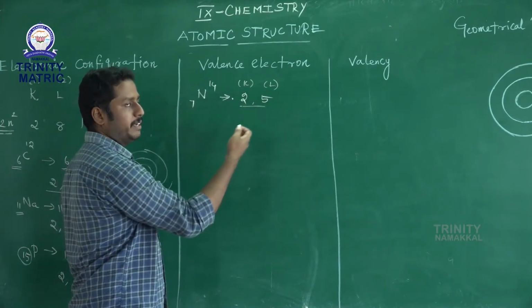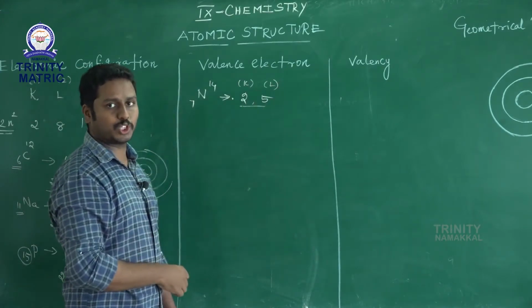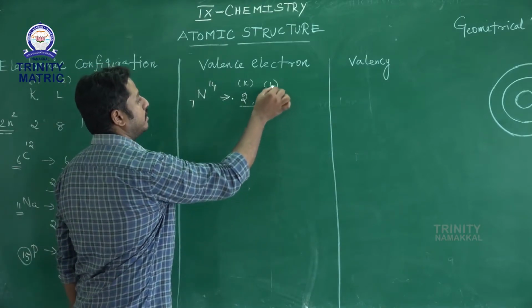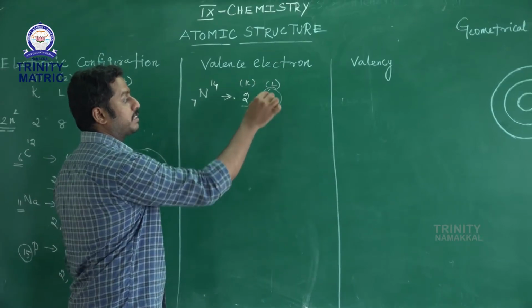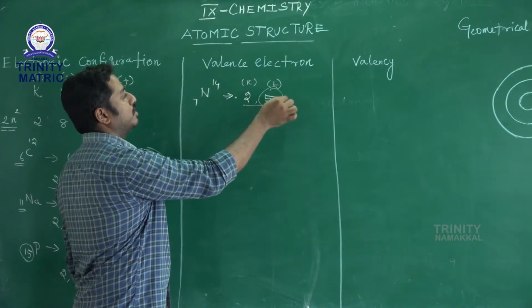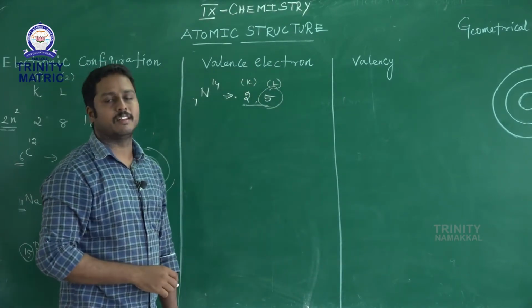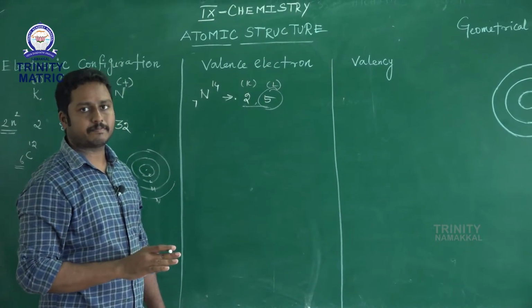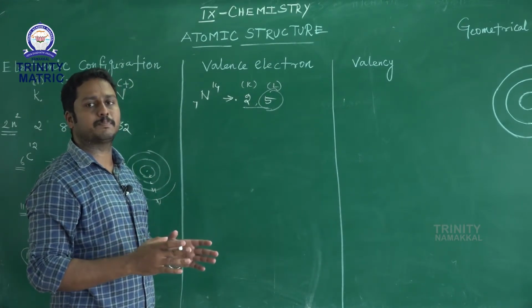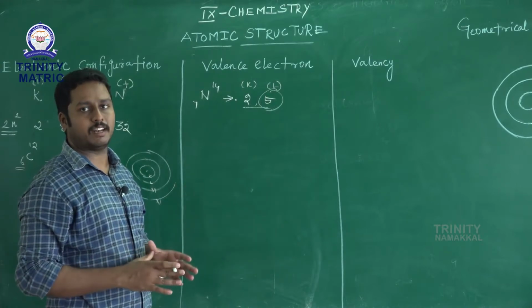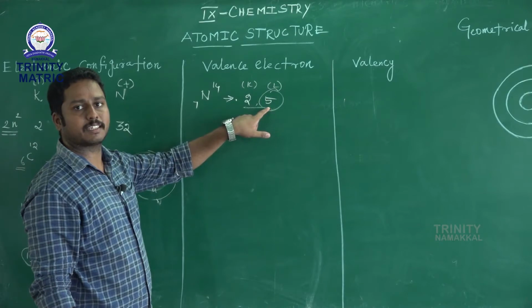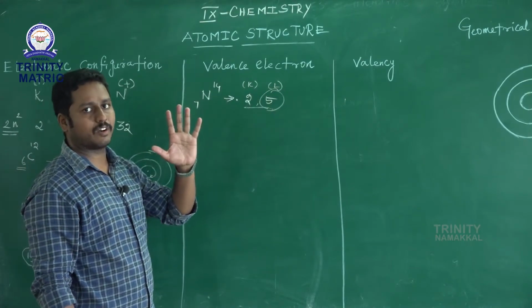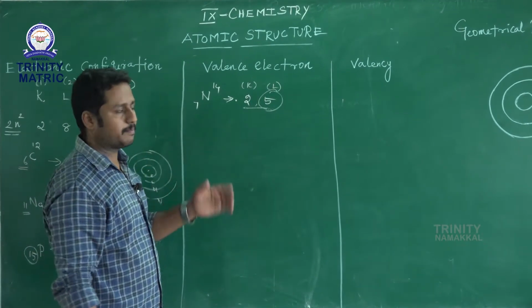L shell is the outermost shell. The number of electrons present in the valence shell is called valence electrons, the number of electrons in the outermost shell. So here, how many valence electrons? 5 valence electrons.